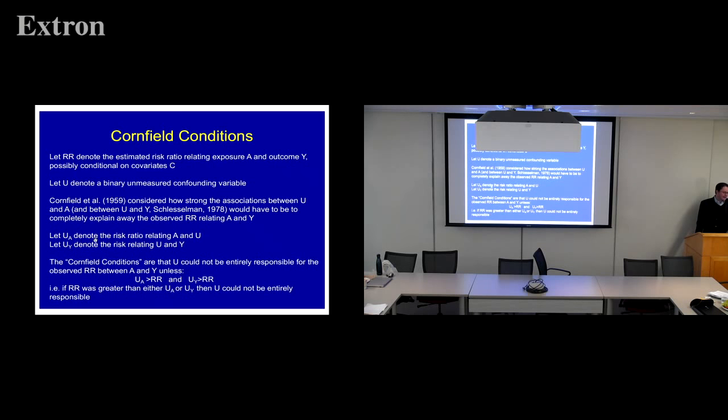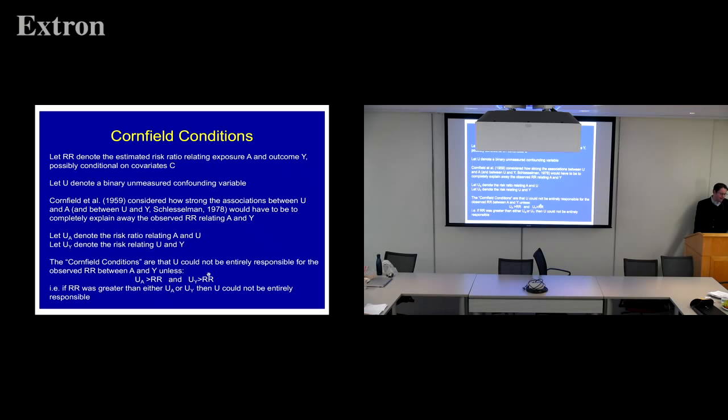If we let UA be the risk ratio relating the exposure and the unmeasured confounder, and UY that relating the unmeasured confounder and the outcome, then what they showed, and these are now sometimes referred to in epidemiology as the Cornfield conditions, is that the unmeasured confounder could not be entirely responsible for the exposure outcome association unless both UA and UY were greater than the observed risk ratio.